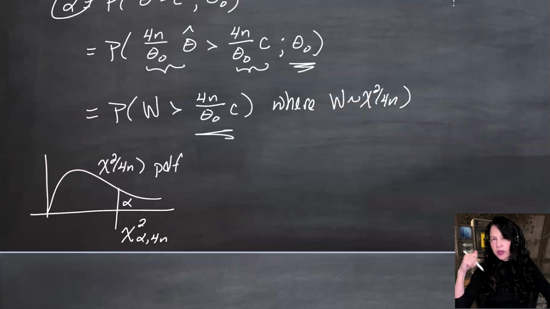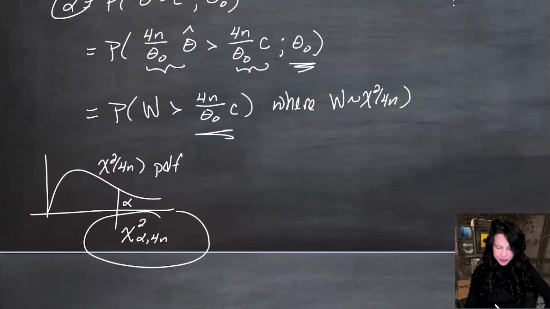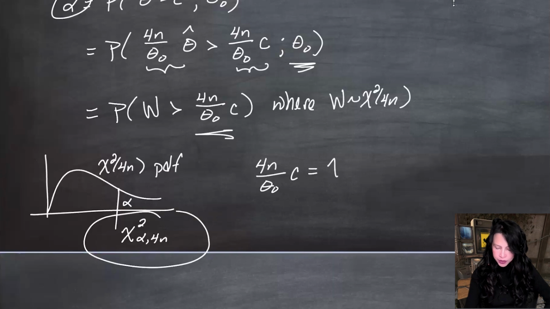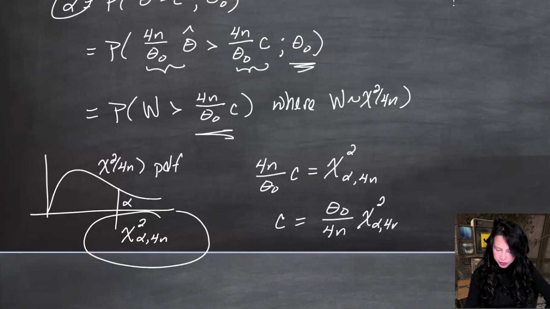So the subscript alpha is representing area to the right of the critical value, and then some way to show the degrees of freedom. That is the number that the chi-squared 4n is above with probability alpha. So this means that 4n over theta naught times c must equal this critical value. And so c is theta naught over 4n times this chi-squared critical value.